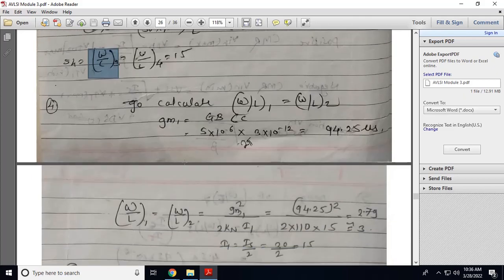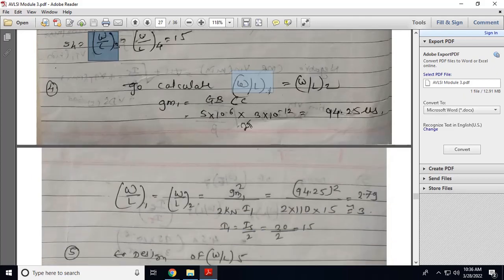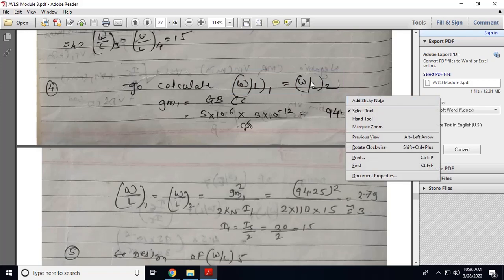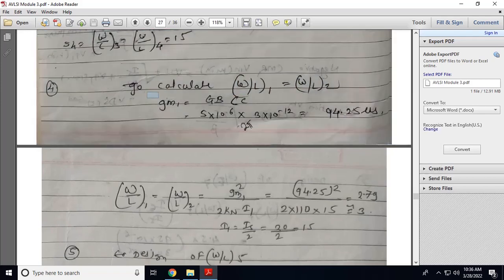The fourth step is the calculation of size of 1 and size of 2, that is, size for transistor 1 and transistor 2. So GM1 is equal to gain bandwidth into Cc. This is the gain bandwidth, that is 5 megahertz into 2 pi, and Cc is 3 into 10 raised to minus 12.